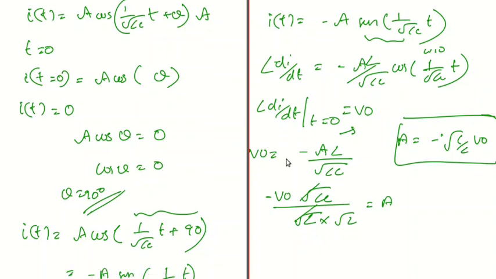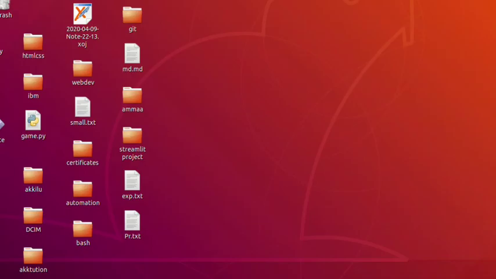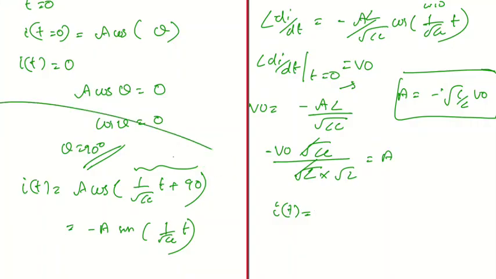We got that, and now substituting that in the equation, I get I of t is equal to minus root C by L V0. And I of t we have already found out that it is minus A into sine 1 divided by root LCt.